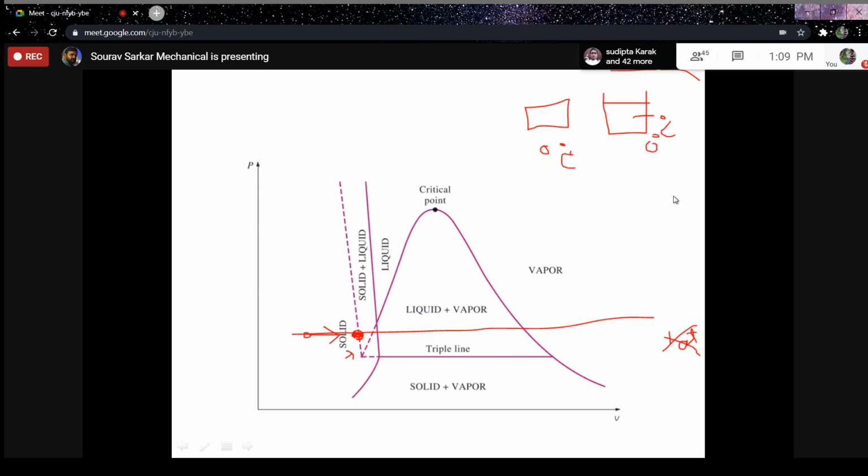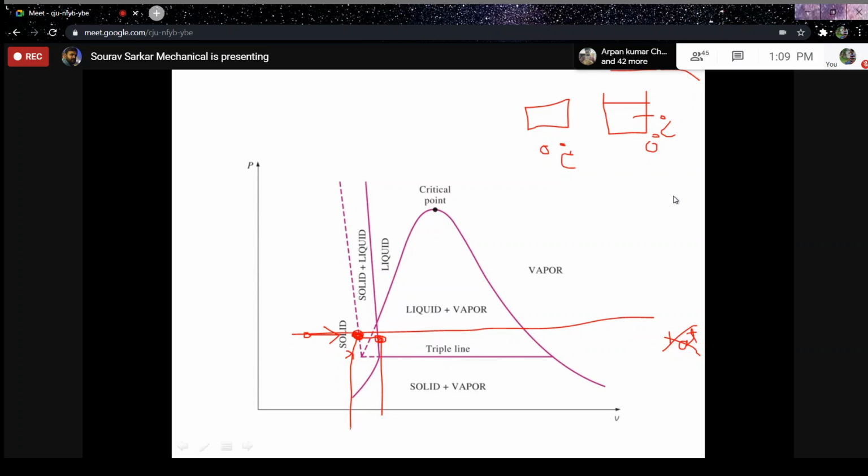The melting process will start, and after the melting it will reach somewhere there. This is the end of the melting process. Now during this process, what happens? The volume expands. Yeah, that I know.